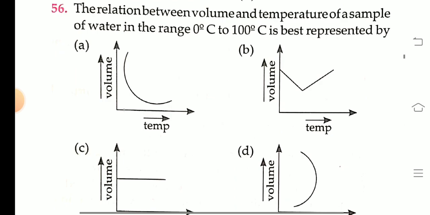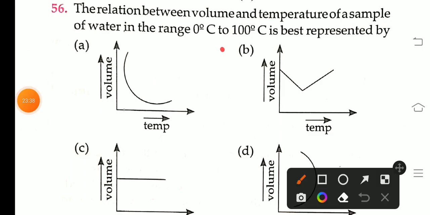Next, the relation between volume and temperature of a sample of water in the range 0 degree Celsius to 100 degree Celsius is best represented by, the right answer will be option B, volume temperature.